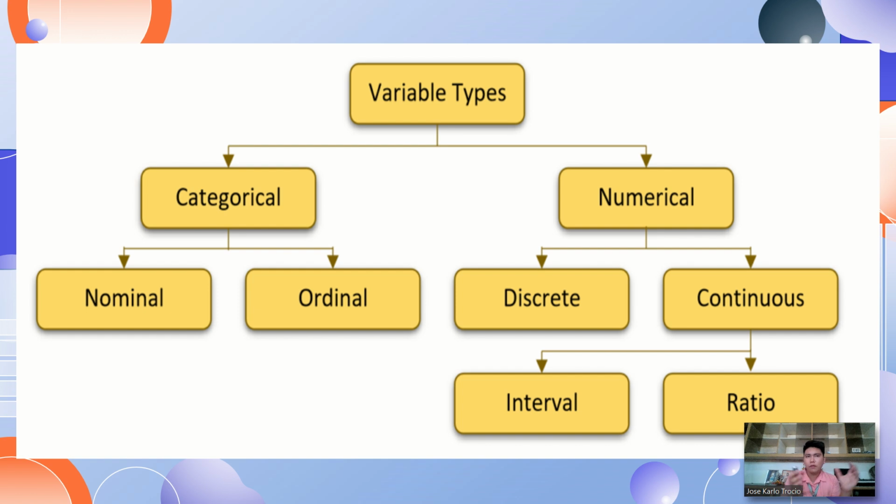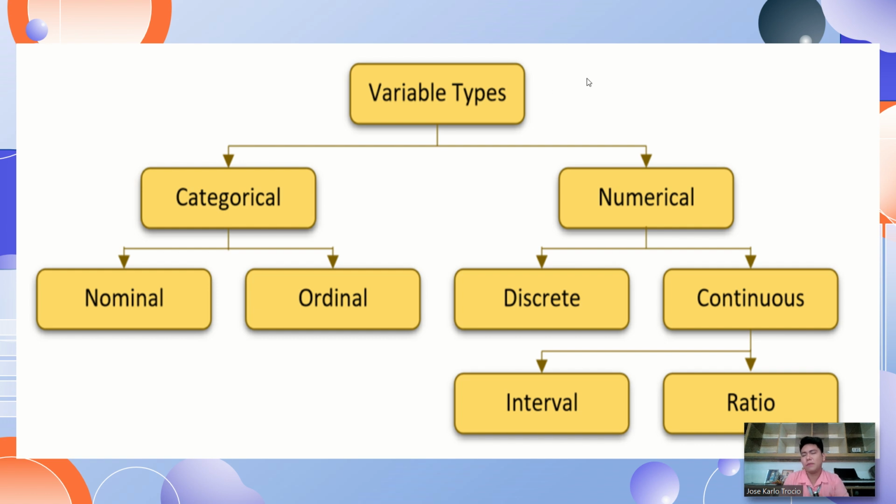Then you can easily use Pearson R correlation. Again, when can you use the Pearson R or Spearman rho correlation? When you have two variables of the same type, numerical versus numerical, or categorical versus categorical.